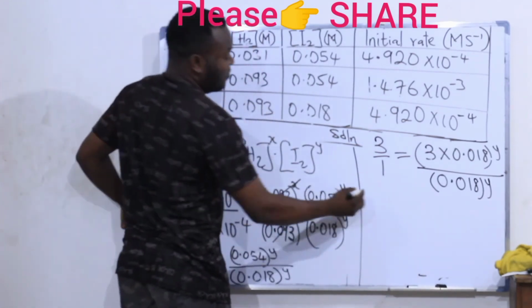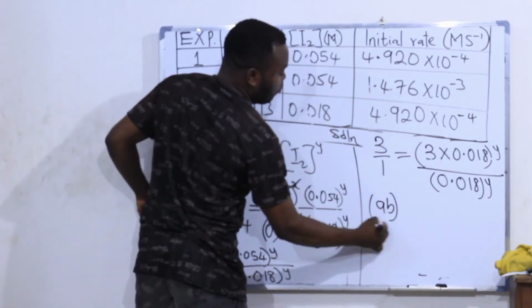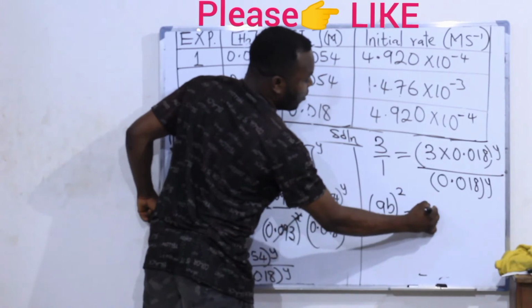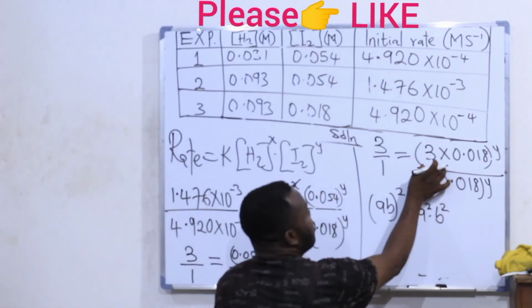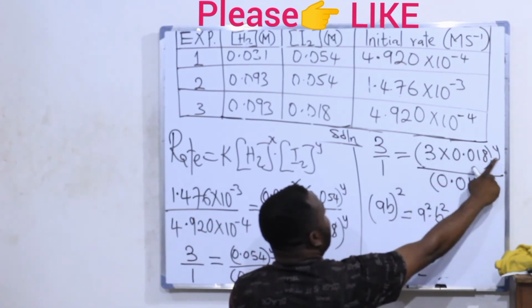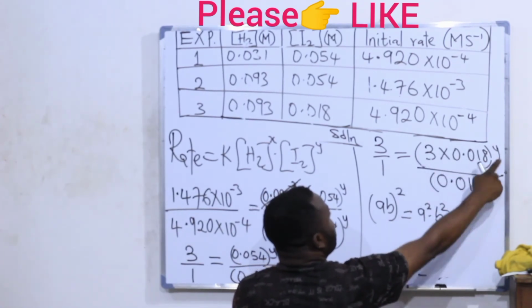According to indices, if I have AB raised to the power 2, it is the same thing as A power 2 times B power 2. So I'm going to open this bracket. I have 3 and this. If I open up, I will have 3 power y times 0.018 power y.